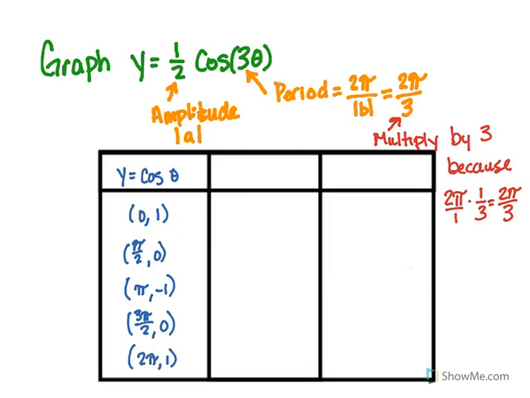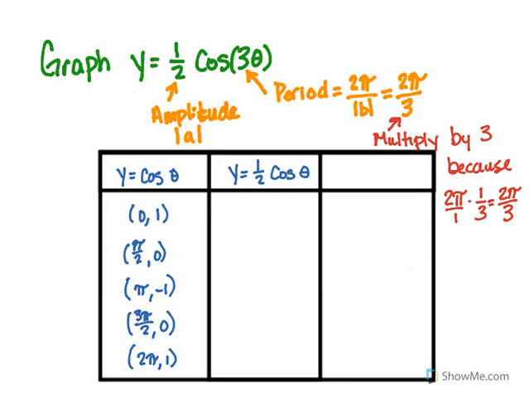Now look at your amplitude. The next part of our table is going to be accounting for that amplitude. So we're going to fill in this table for y equals 1/2 cosine of theta. And what this means is our amplitude is 1/2, and our amplitude affects how high or how low our graph goes.